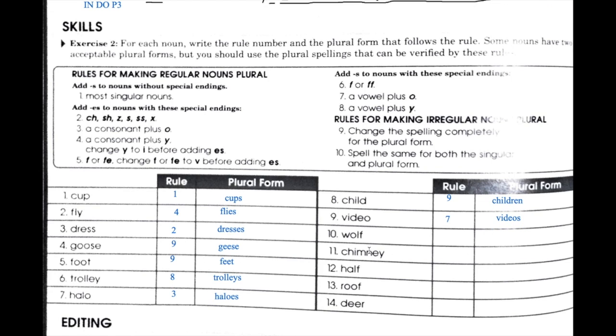Number 10 is wolf. So wolf ends with LF. It has an F at the end. We need to follow the rule number 5, which tells us that we need to change the F to a V and add ES so that it becomes wolves.